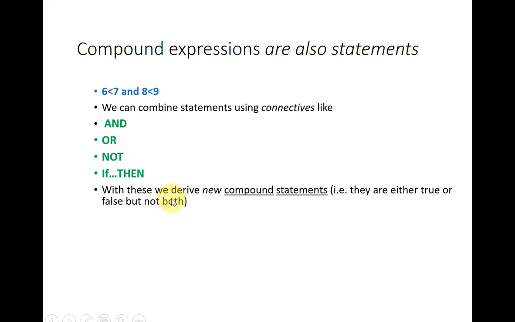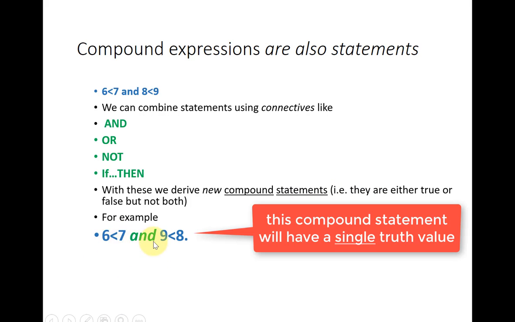Okay, with these we derive what are called new compound statements, i.e. the new compound statements are either true or false, but not both. For example, this one, 6 is less than 7 and 9 is less than 8. The first part by itself is true, but the second part by itself is not true. And what about this compound statement?